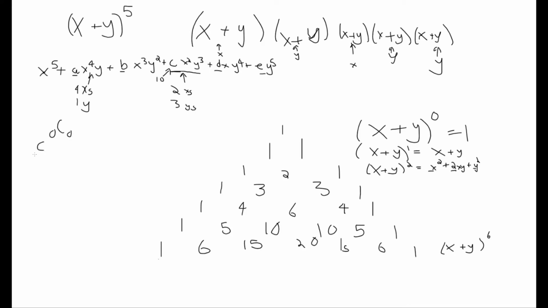This represents having a group of 1 and then you're choosing nothing. This represents having a group of 1, then you're choosing 1.